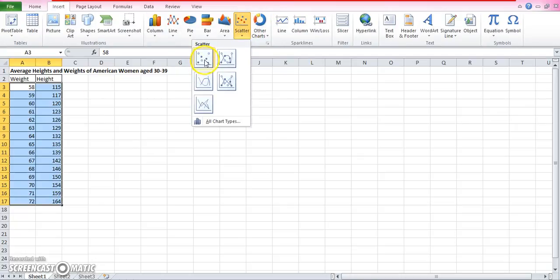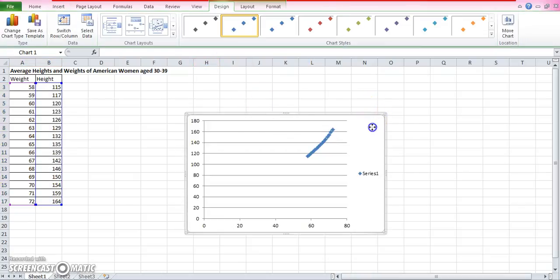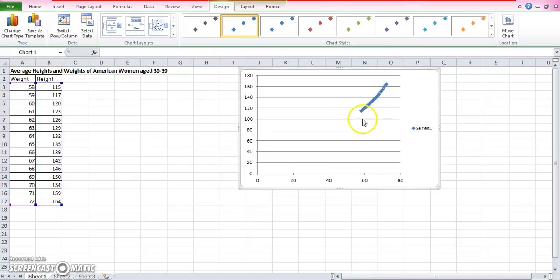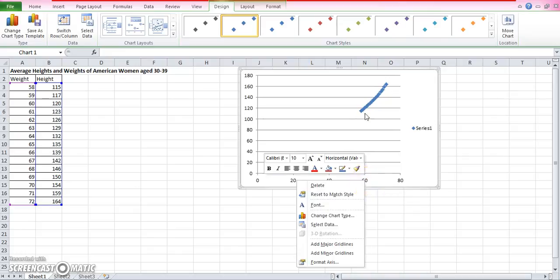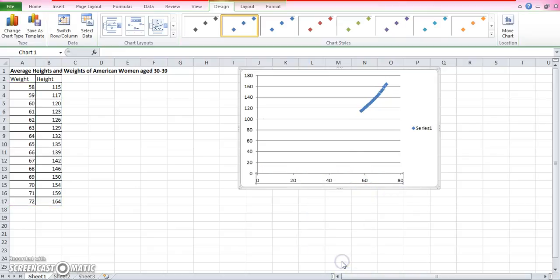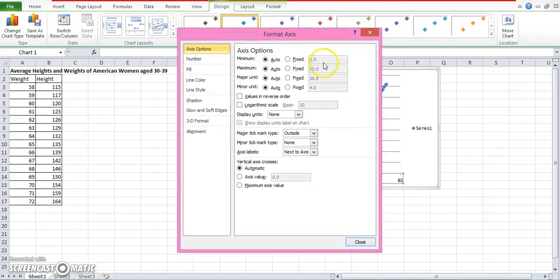This is the illustration scatter. So this is really not a good graph, so I will change the axis. For the x-axis, it is the weight. The minimum weight is, let's say, 55, and the maximum is 75.